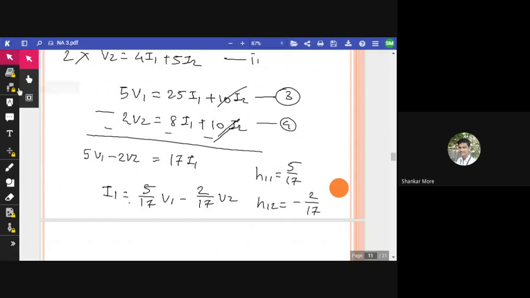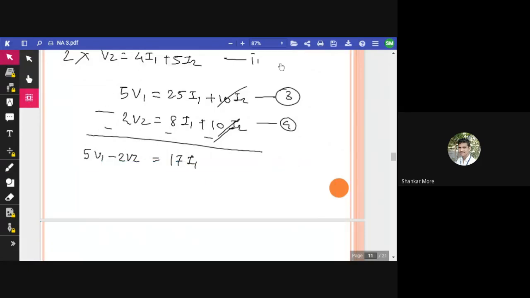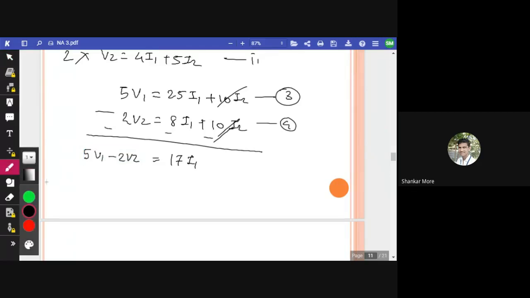Okay, yeah, just a second. So these are wrong. Thank you, Makka. Okay, so it should be 5V1 is equal to 17I1 plus 2V2. Now I hope I'm correct, right? Is it, Makka? Yes, sir.